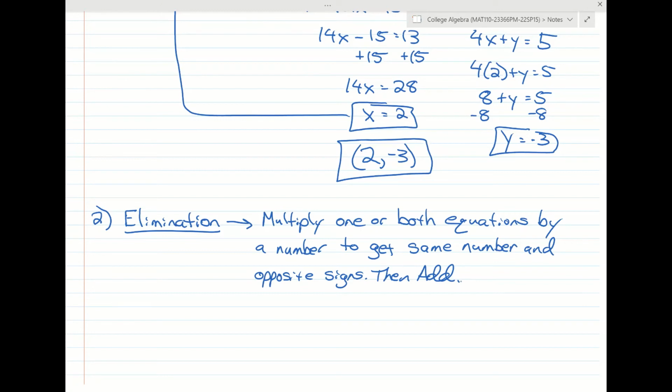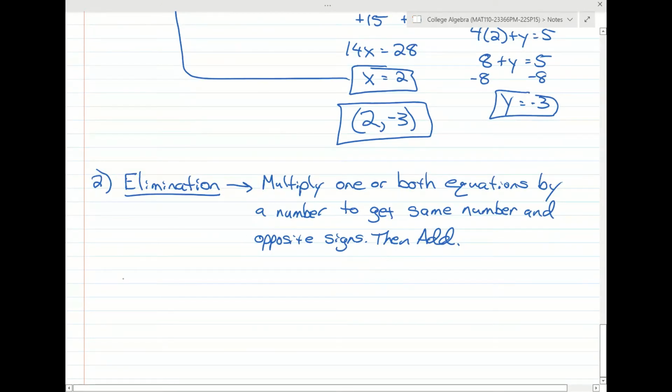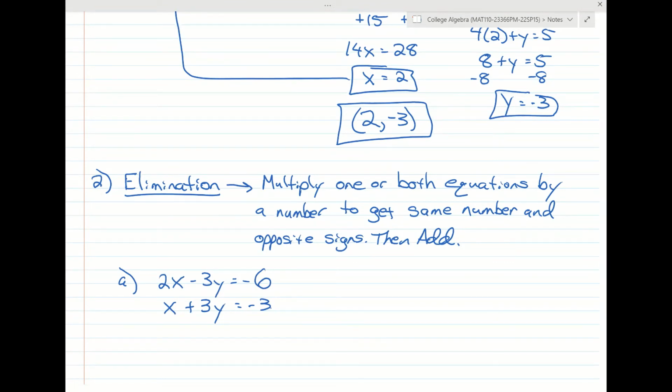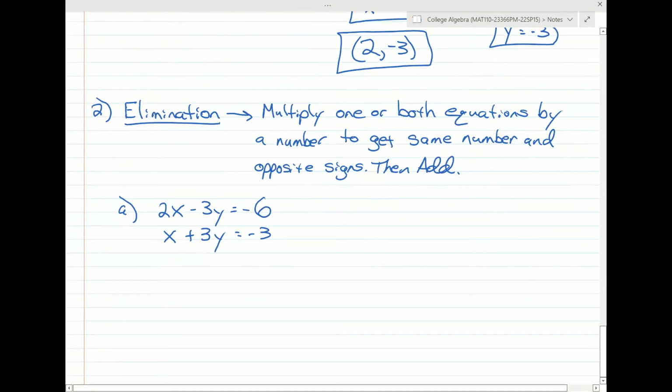Okay, so let's go through some examples here. An example would be like if you had 2x minus 3y is equal to -6, and x plus 3y is equal to -3. Using elimination, we want to try to get the same number and opposite signs, and then we want to add them.